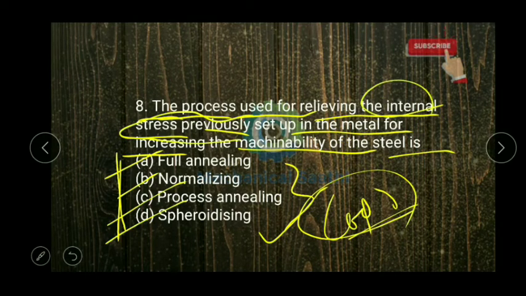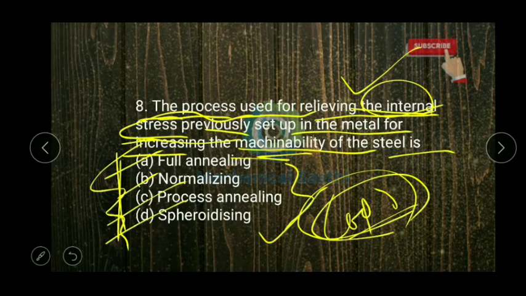To remove those internal stresses or to give some extra mechanical properties, we need to go through some heat treatment processes again. So which process is carried out to increase the machinability and relieve internal stresses which may be set up inside the metal due to the cold working process done previously?